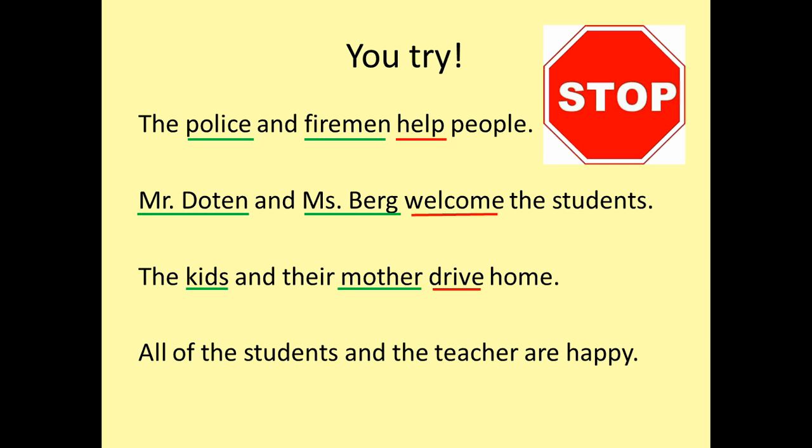All of the students and the teacher are happy. Who is the sentence about? It's both the students and also about the teacher. And what is the main verb? It's the word are. The word are links the students and the teacher to this word happy.